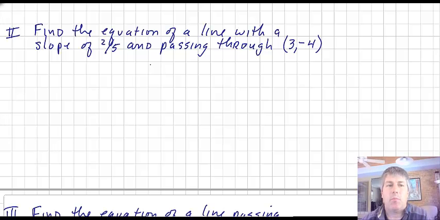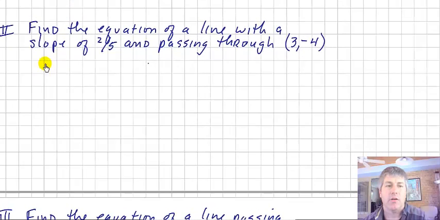In our second sample problem today, we're going to find the equation of a line with a slope of 2/5 and passing through the point (3, -4). Since our point is not the y-intercept, we're going to use point-slope form again, but we have our slope, so this one will be a little bit easier.